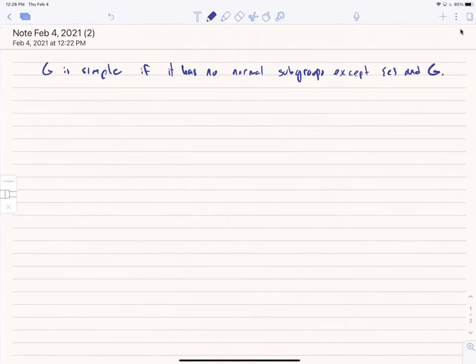So if every proper normal subgroup is the identity. And again, the reason this notion is simple is because if it's not simple, then you can put G in an exact sequence where you have H goes to G goes to G mod H. So somehow G is built out of the smaller groups, G mod H and H, if it's not simple.